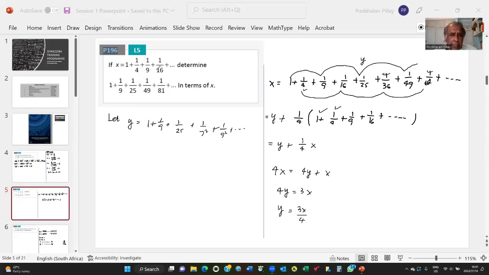Now, the only question here is you've got an infinite number of terms here which are being added, right? What is the meaning of that? There's no meaning to the sum of infinitely many terms. But when you do convergence of geometric series, this question arises because even in geometric series, sometimes you got the sum to infinity. It means that there is a finite value to these, although you are adding infinitely many positive numbers.